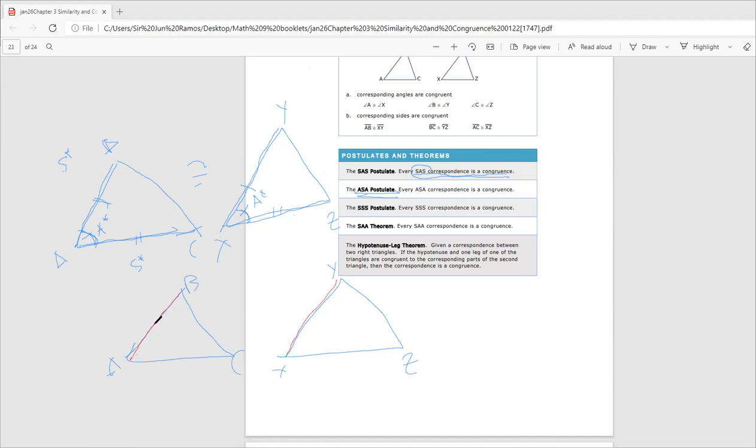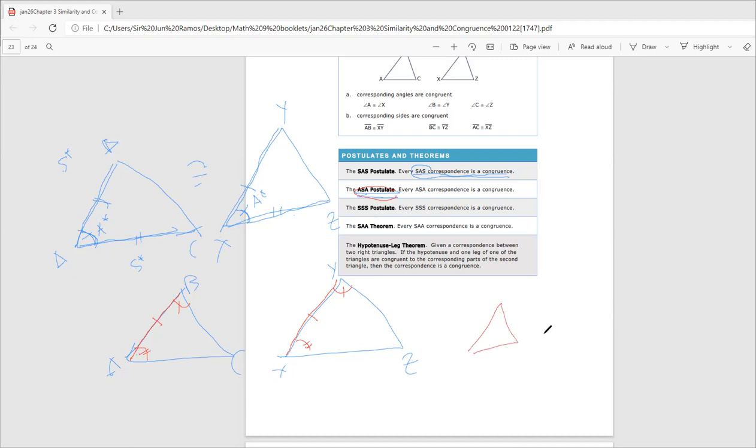It must be that this is congruent to this, and the corresponding angles that include that side should also be congruent. Okay? So we have that marking. So if they are congruent, then we can say that the two triangles are congruent by the ASA postulate.